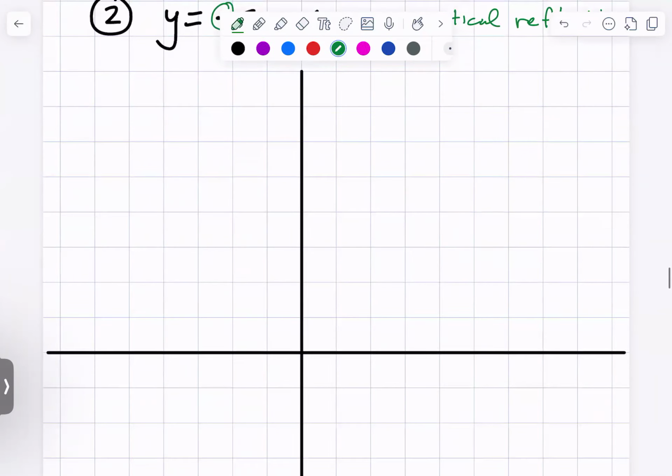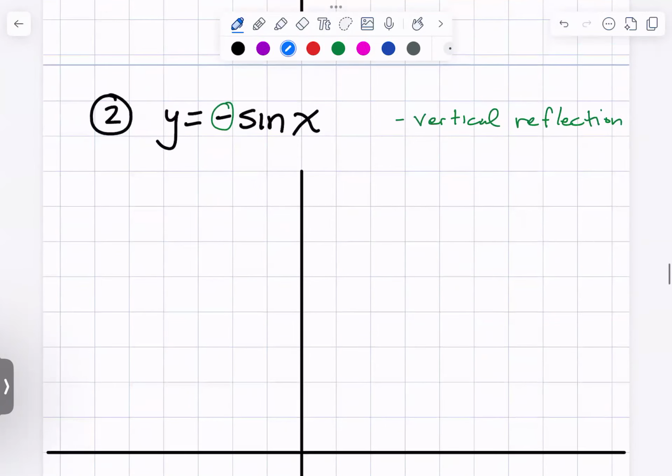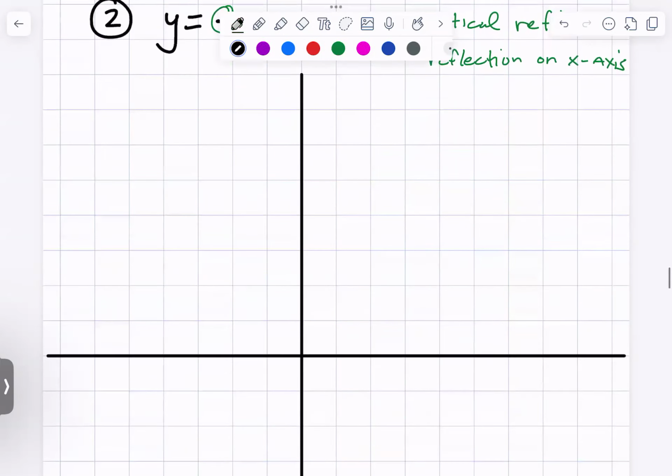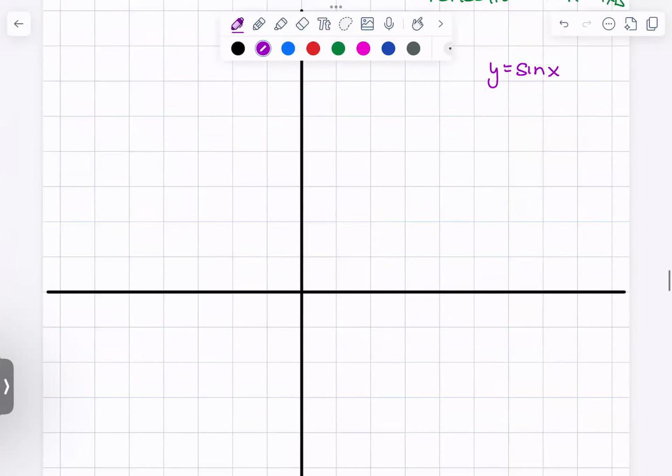So I know my sine function. So it's actually going to be a vertical reflection, or a reflection on the x-axis. Okay. So my original function, my parent function, I'm going to label it in purple, y equals sine of x, right? I'm going to graph 2 pi.